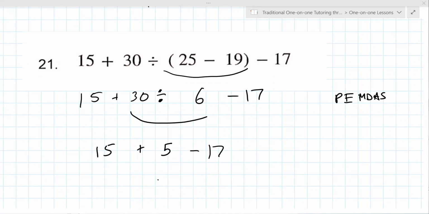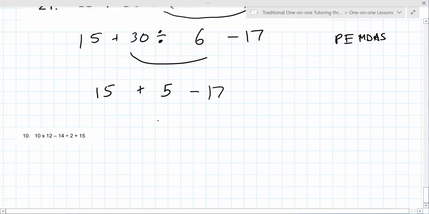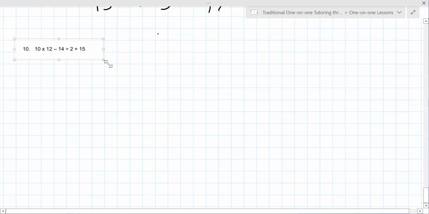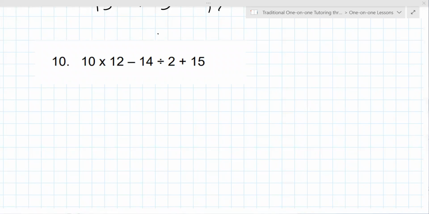Okay, so here's a couple. All right, here we go. Get this one on the screen. All right, so tell me what you're going to do first. What math operation do you see to do first?